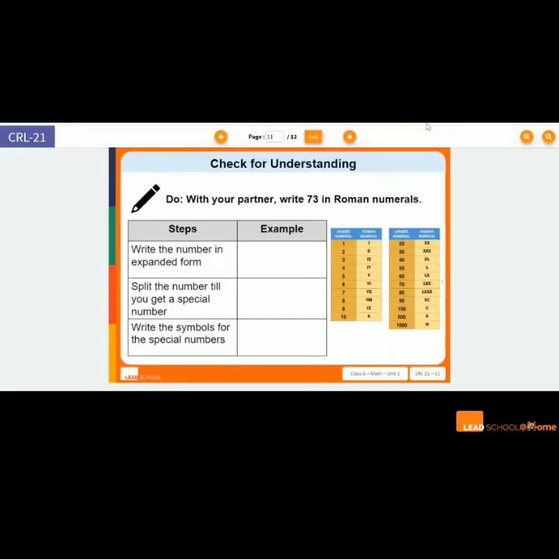1 minute up, 1 more minute to go. Last 45 seconds.